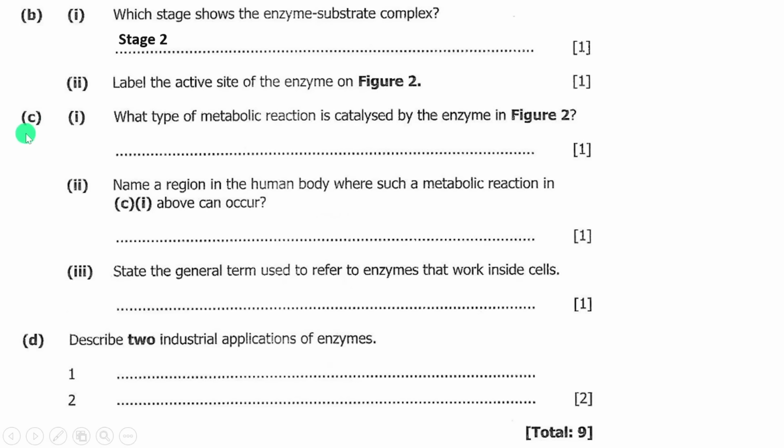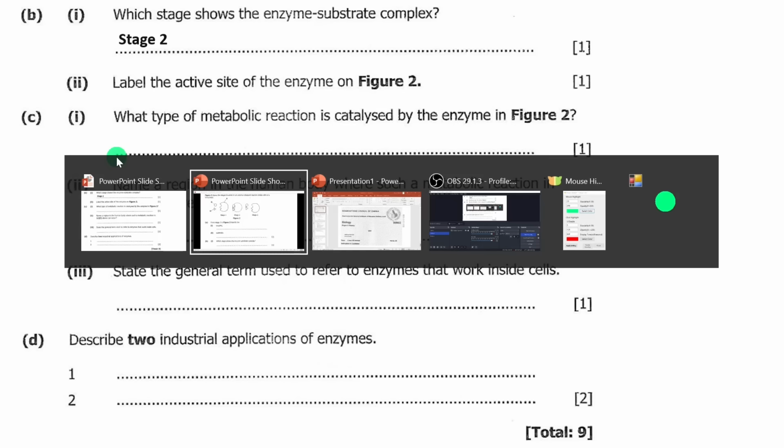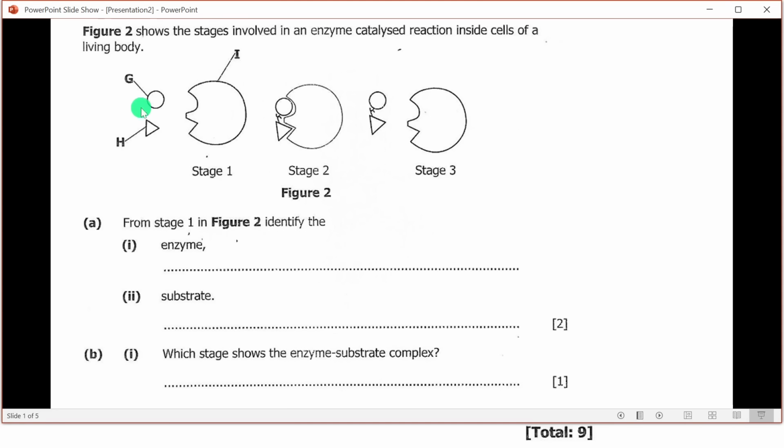Yes, so part C, part 1 says what type of metabolic reaction is catalyzed by the enzyme in figure 2? So in this figure, what we are seeing is two separate substrates being bonded together to form one substance.